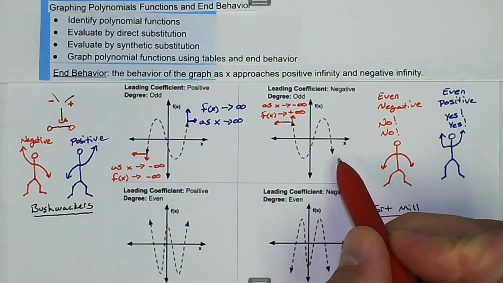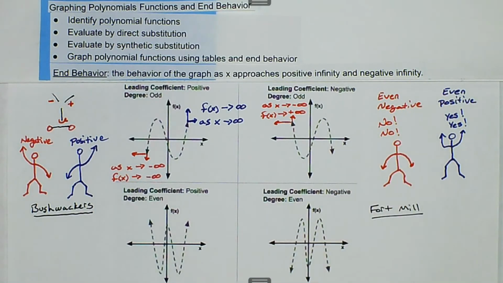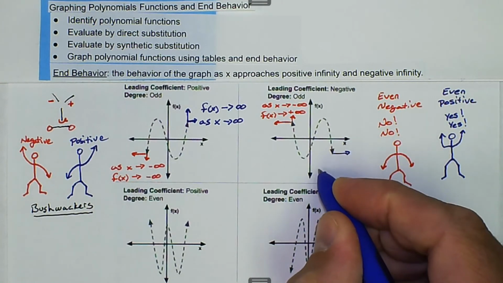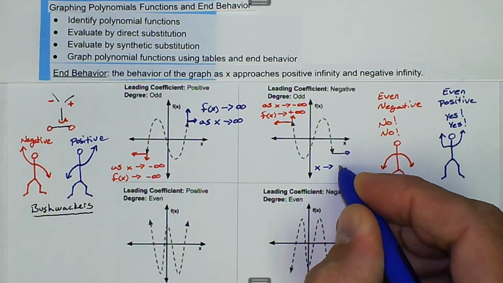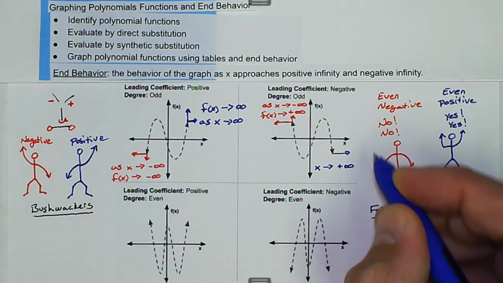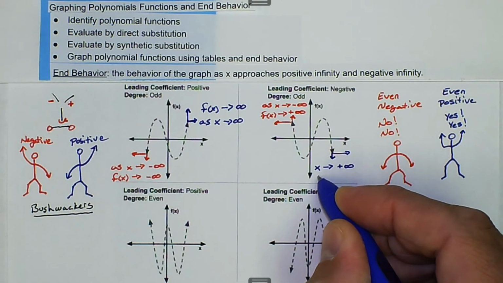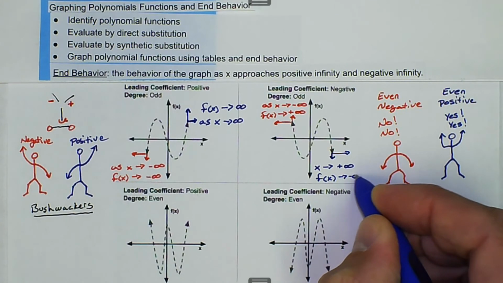As we look at this example here, we have x goes to positive infinity. So as x goes to positive infinity, what's the function do? In this case, the function goes to negative infinity.